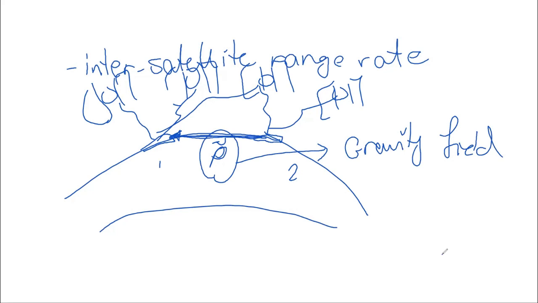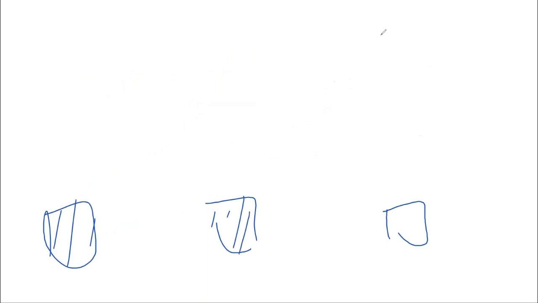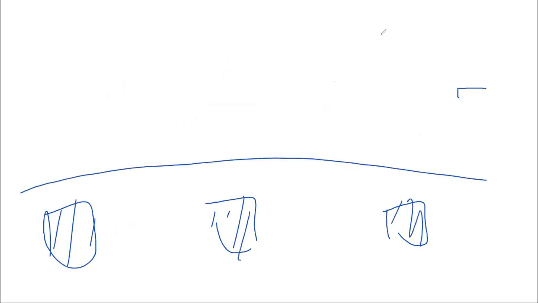For example, let's consider that we have a mass here. I will draw three figures. We have a mass here under the Earth, and two satellites are following each other here. Before, when the satellites are moving in that direction, this mass is closer to the first satellite.